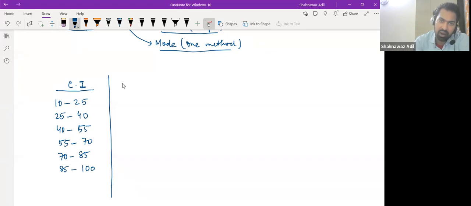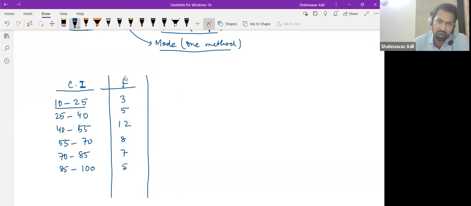Let's say how many students got marks in each range. Let's say there are three people who failed, 5 got 25 to 40, 40 to 55 is 12, 55 to 70 is 8, and then some people got very good marks, let's say 7, and 85 to 100, brilliant students, let's say 5.